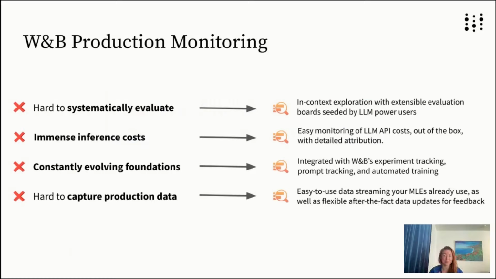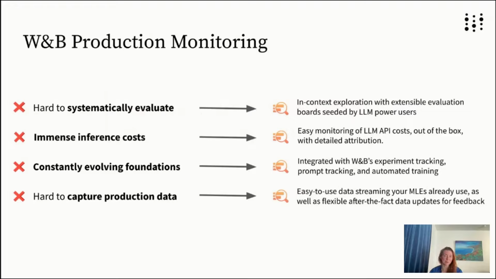So how do we address all of these challenges? Well, with production monitoring in Weights and Biases, you can use this central dashboard to capture the results of how the model is performing and see a centralized dashboard with exploration in the context of the larger development that you've been doing. So you don't need to jump from tool to tool to understand how the model is performing.